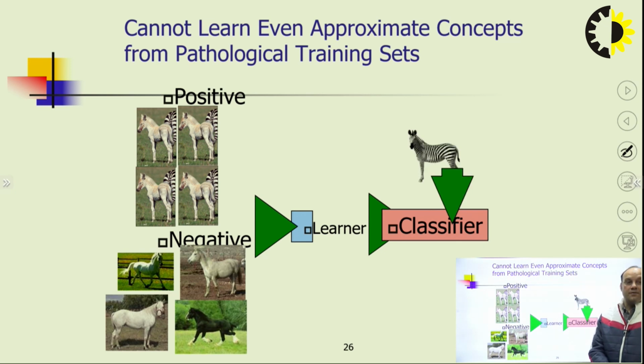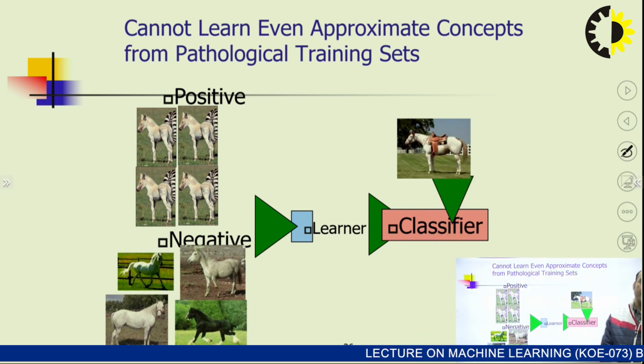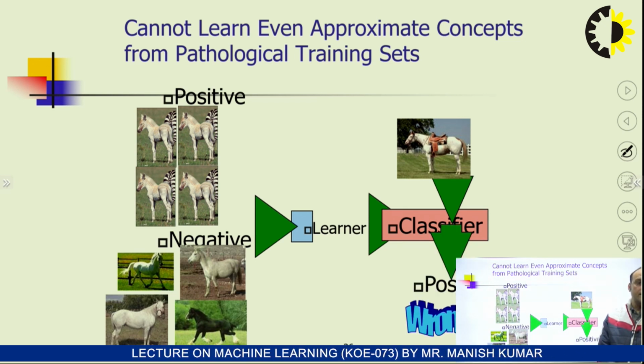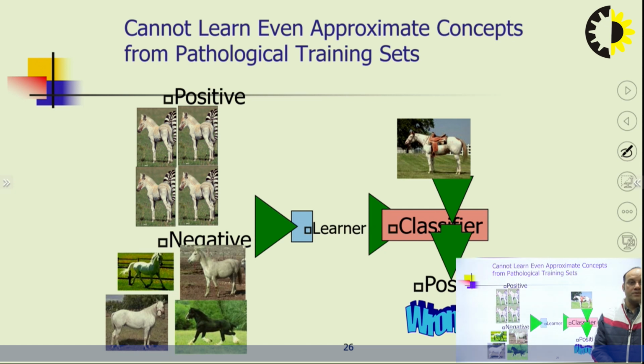The classifier gives the zebra, but it is not there in the positive example. Then what will happen? It will give negative, which is wrong. And if it is given this horse, then it is positive, then again it is wrong, because the figure is not matching. So we can say that we cannot learn even approximate concepts from pathological training sets.